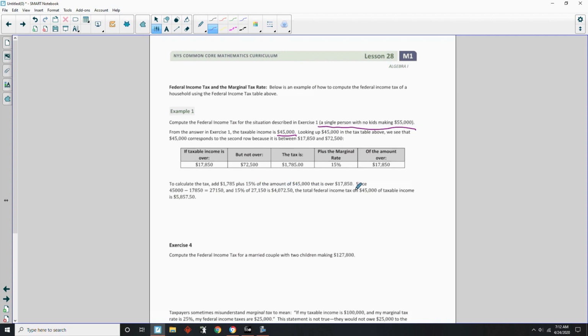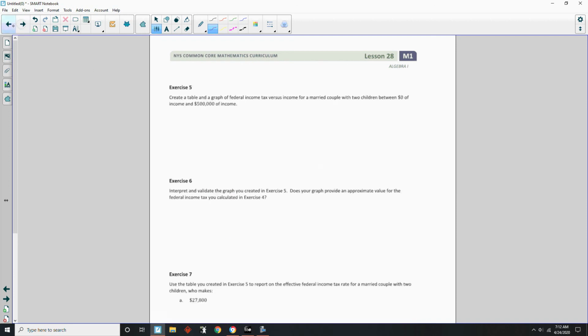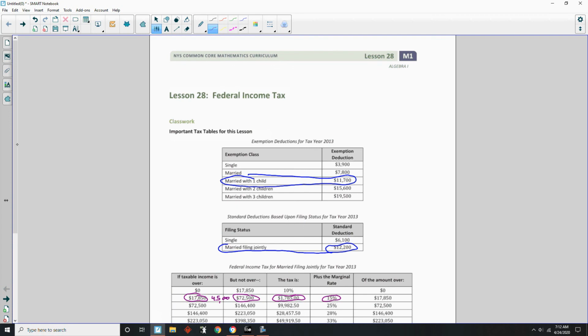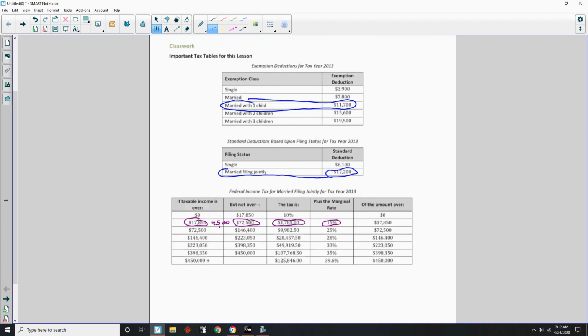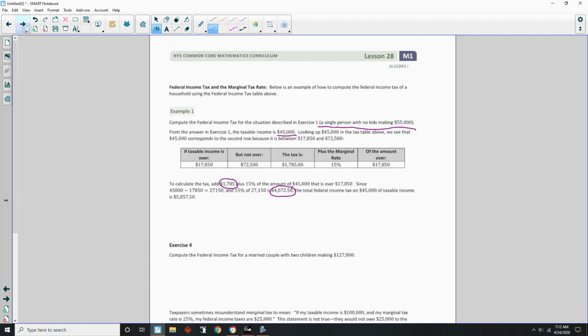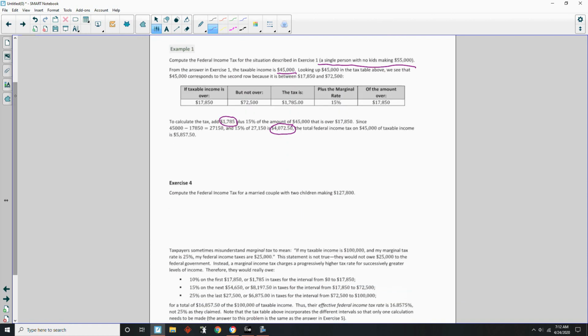The total federal income tax on $45,000 of taxable income is $5,857.50. So they took $4,072.50 and added $1,785 to it. That came from this amount here and 15% of the amount over this. Okay, so they did that one for us.